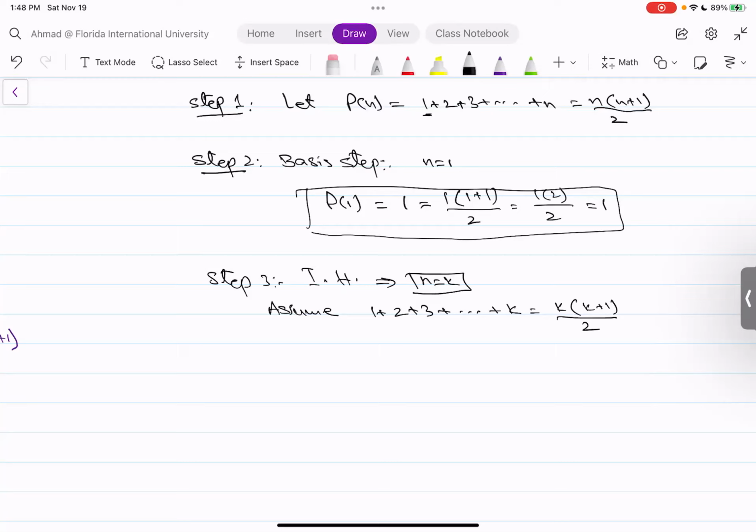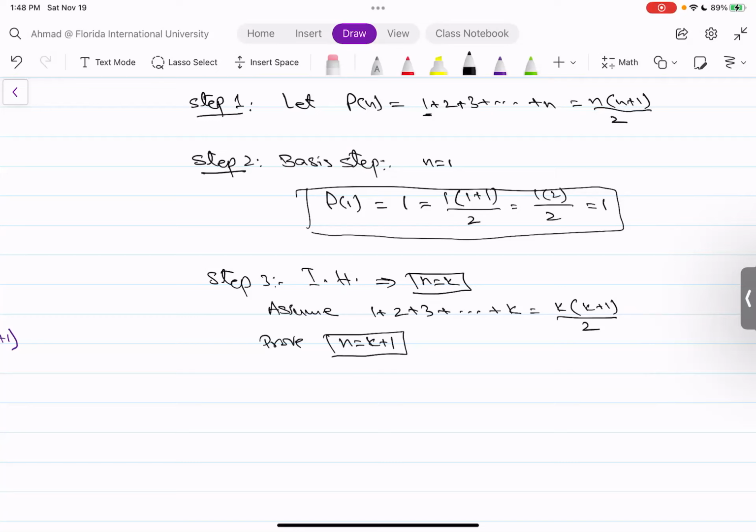That is my induction hypothesis, that I can generate any random kth number with this formula. Or you can say this is actually true for any random k, that the sum of first k numbers is equal to this formula. And then I have to prove it for n is equal to k plus 1, right?